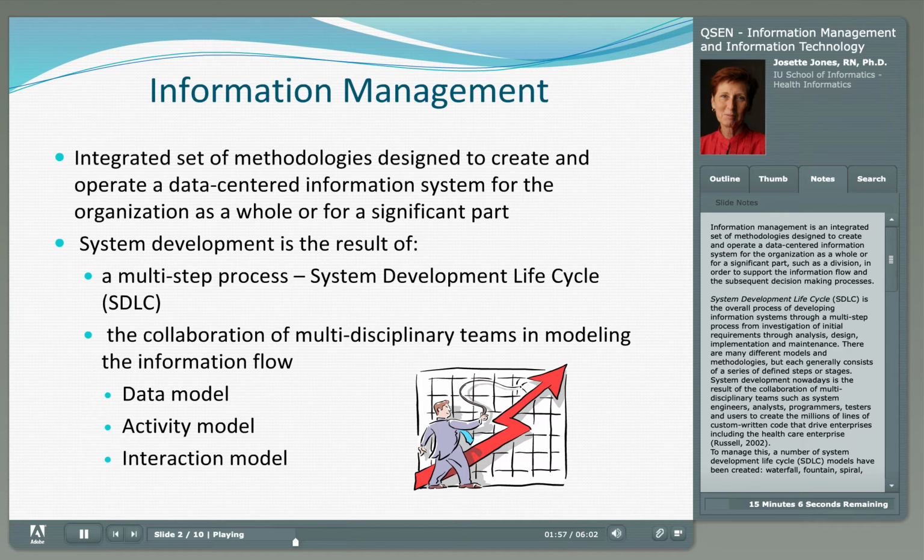Project planning and feasibility study stage. This stage establishes a high-level view of the intended project and determines its outcomes and goals. System analysis and requirement definition stage. This stage includes a detailed study of the organizational needs.